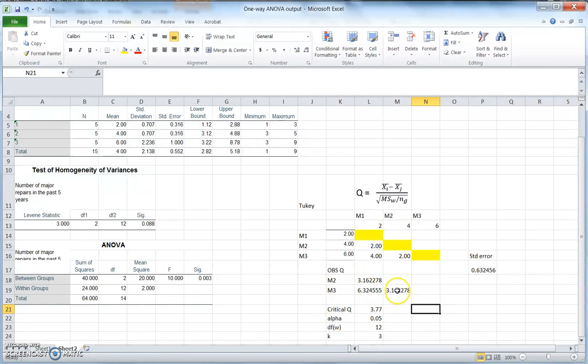Model 2 versus model 3 have Q observed lower than the critical. The only pair that has a significant difference according to the Tukey pairwise comparison is model 1 versus model 3. That's the only one with an observed Q value that's greater than the critical Q.